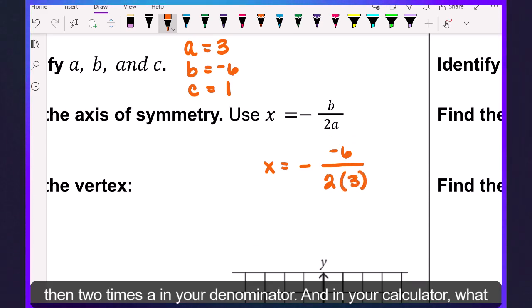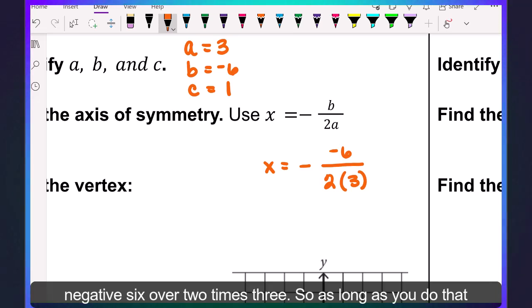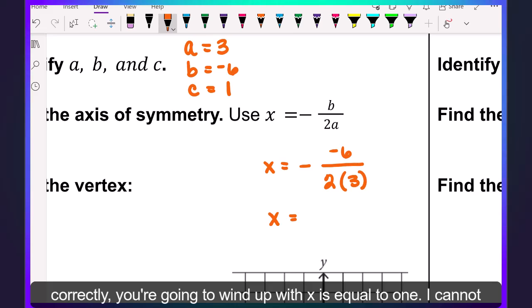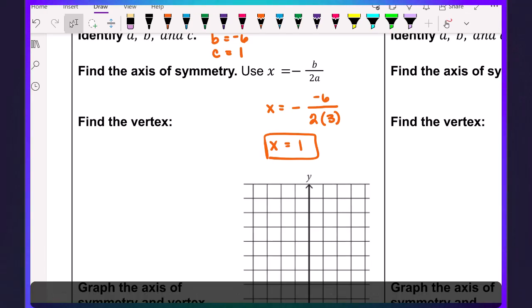And in your calculator, you can type in negative and then the fraction button, negative 6 over 2 times 3. As long as you do that correctly, you're going to wind up with x is equal to 1. I cannot emphasize the importance of you finding your axis of symmetry correctly.